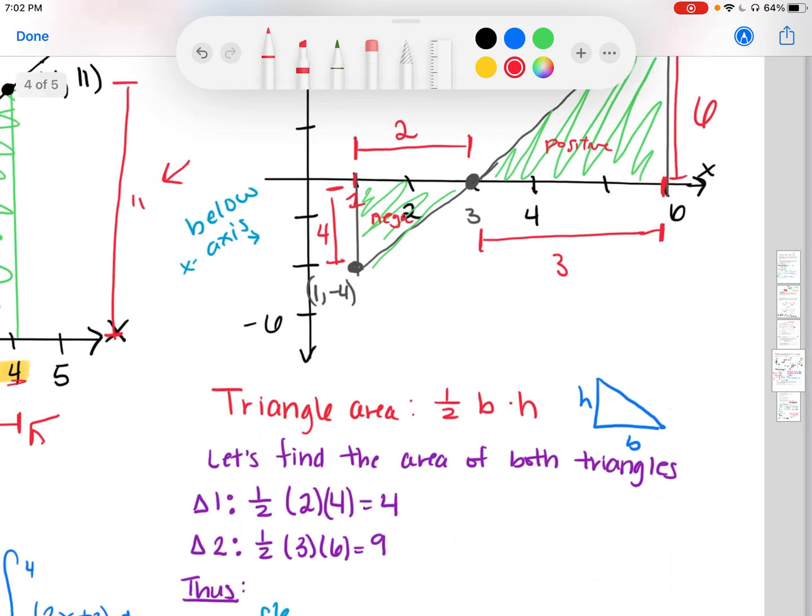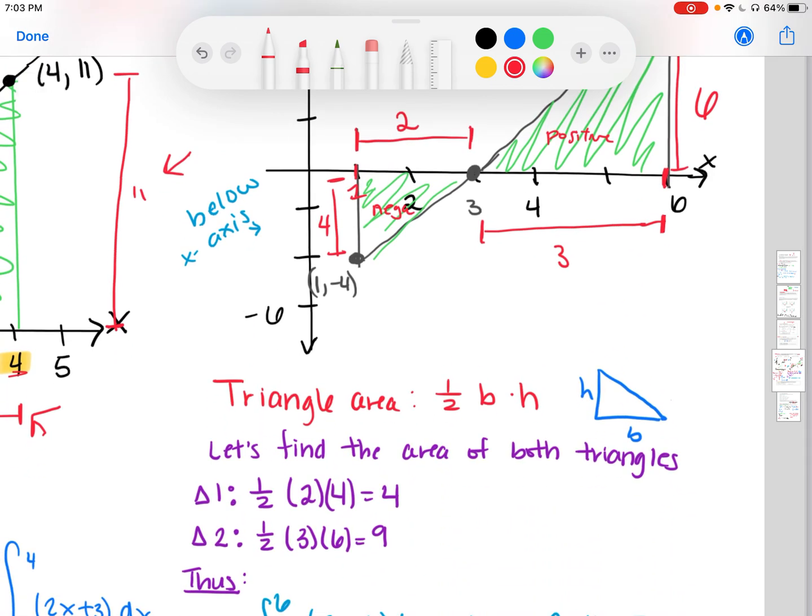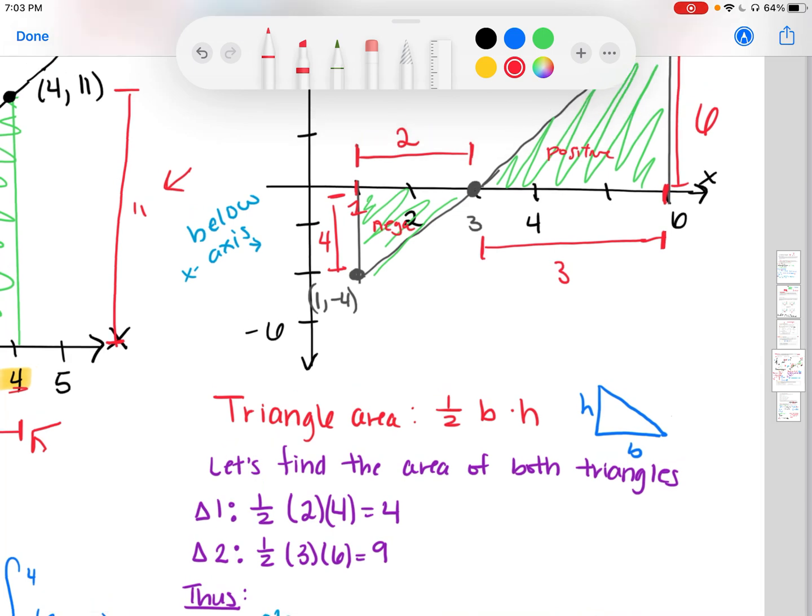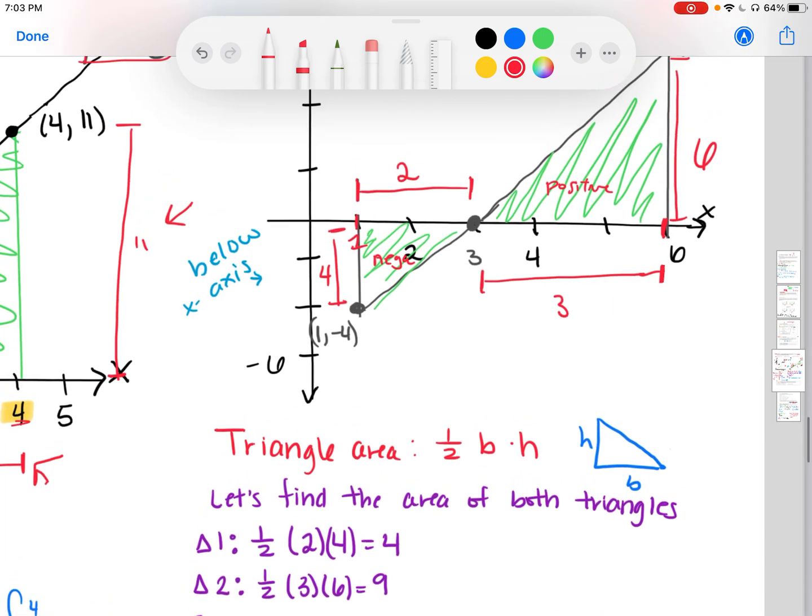We see we get a triangle. Remember that the area of a triangle is 1/2 times base times height. The first triangle, our little triangle, has a height of 4 and a base of 2. So we have 2 times 4 times 1/2, we get 4. Remember to change that to a -4 because it's below the x-axis.